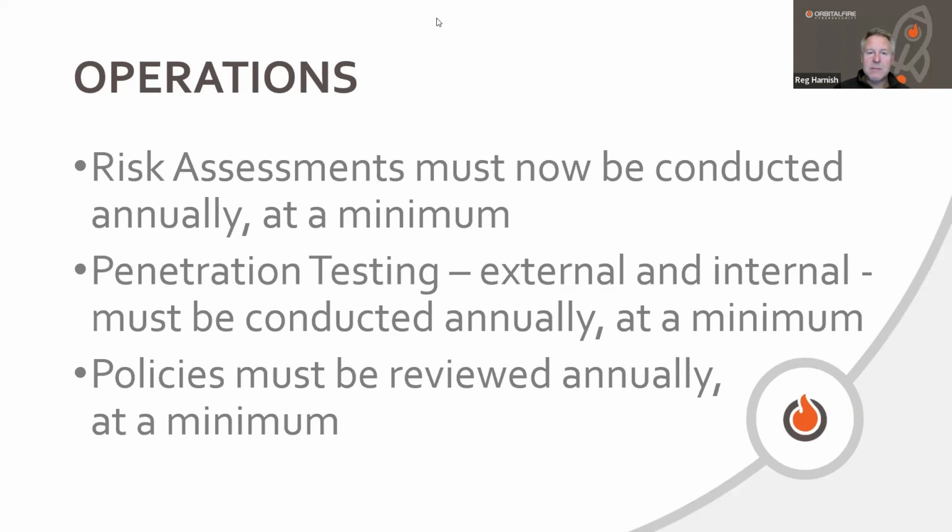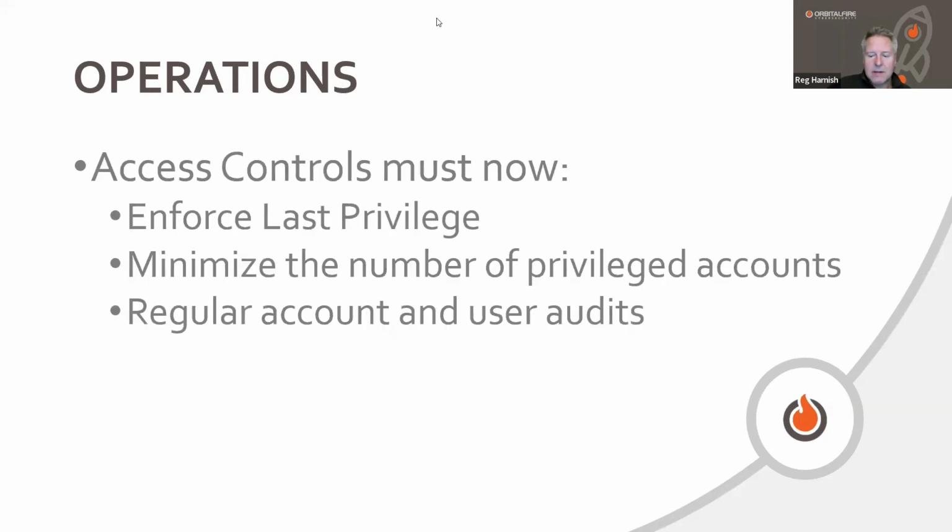So it could be your data, maybe you acquire a competitor, you stand up a new location, you inherit a new application. It could be a lot of things. So your risk is always changing. So your policies should always be changing. And that has to be done on an annual basis at a minimum now.